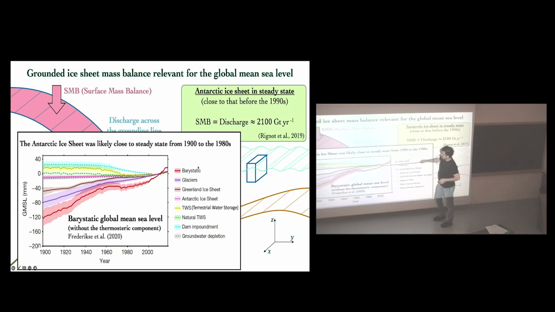And so you have the glaciers, for example, in purple, that have contributed to sea level rise for a long time. But Antarctica, the one in pink, has been pretty stable. There is a big uncertainty on that, but we think that there was not much contribution to sea level rise before the 90s.